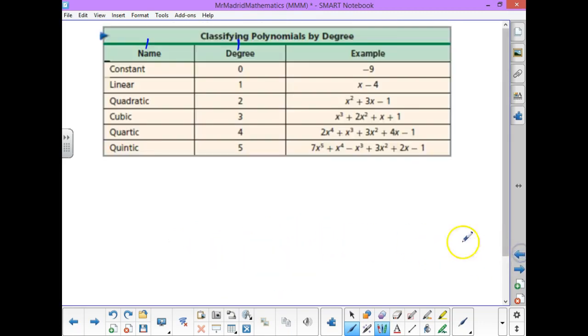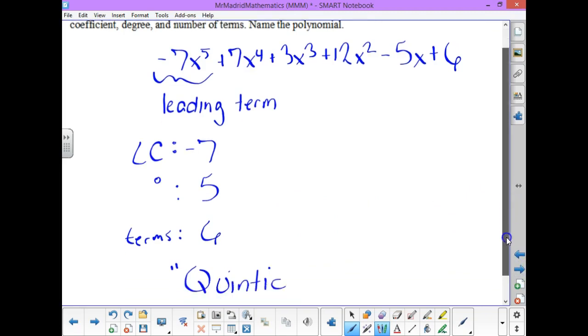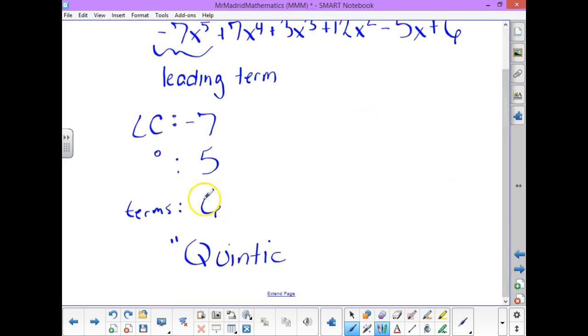Make sure I spelled it right. Quintic. So the degree gives you that first part of the name. Then the last name refers to the number of terms. Here we have 6, so we'll just call it a quintic polynomial. You can get more precise than that, but that'll be sufficient. So again, if it's one term, it must be monomial. If it's two terms, binomial. 3, trinomial. And beyond that, you're safe just calling everything else a polynomial.